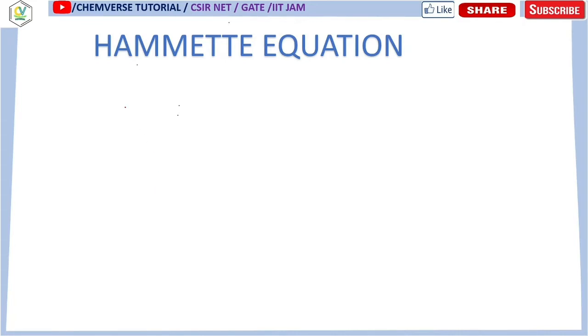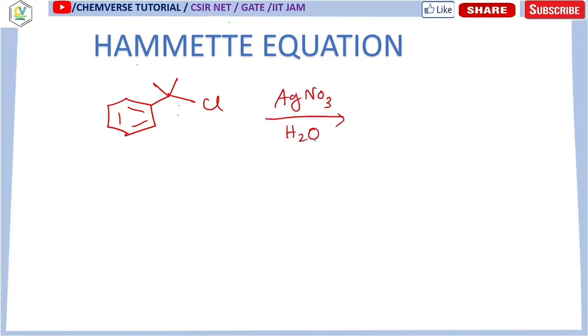Now suppose I am giving you a reaction like this. Suppose there is chlorine, and now I am treating it with aqueous AgNO3. The first step is the generation of the carbocation. You can see that the Ag plus ion is promoting the SN1 reaction.